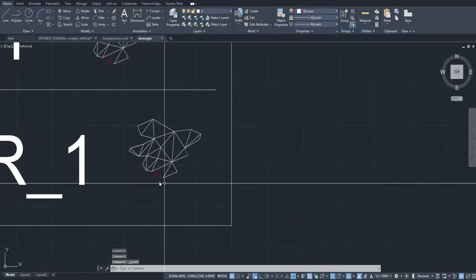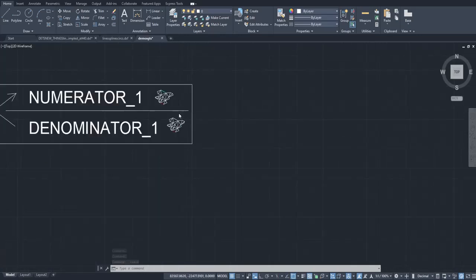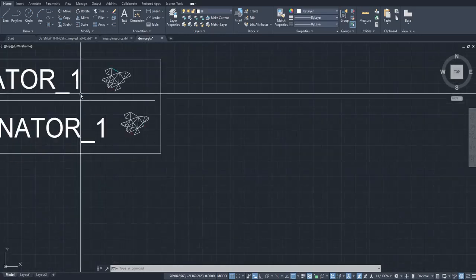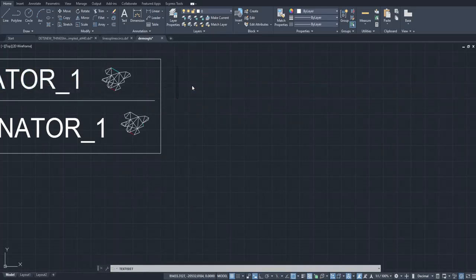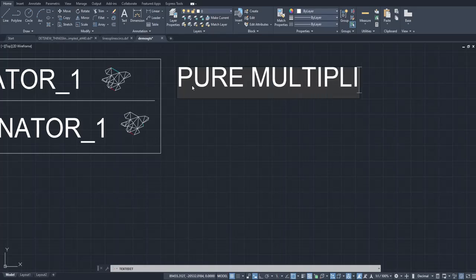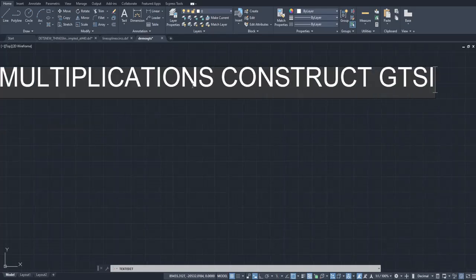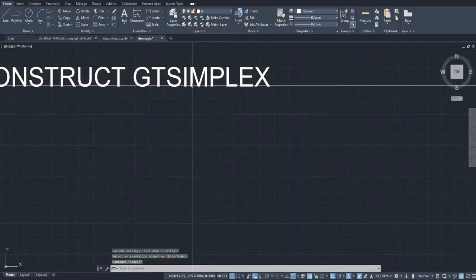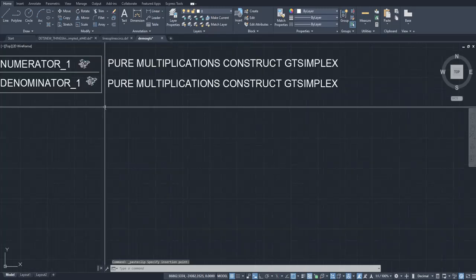Now when we have the two GT simplexes, suppose this one is a GT simplex and this one is also a GT simplex, constructed due to the multiplications, pure multiplications. Pure multiplication constructs GT simplex objects in Sanjoy Nath's Geometrifying Trigonometry.